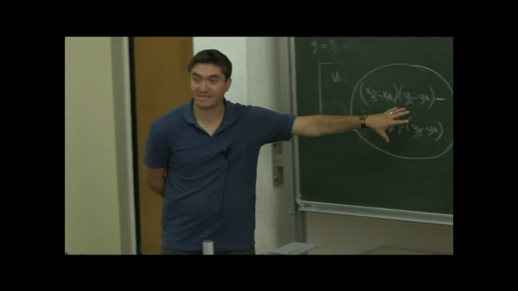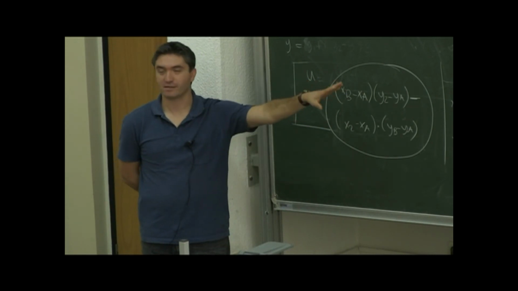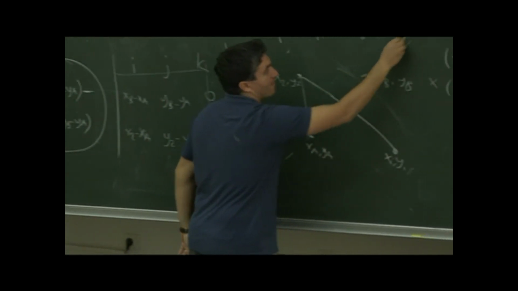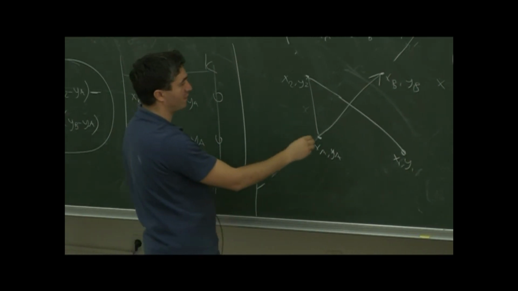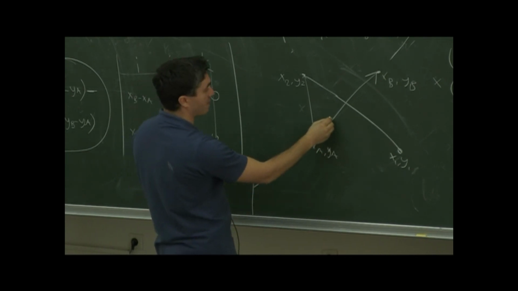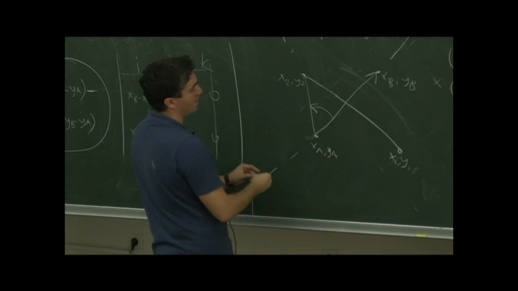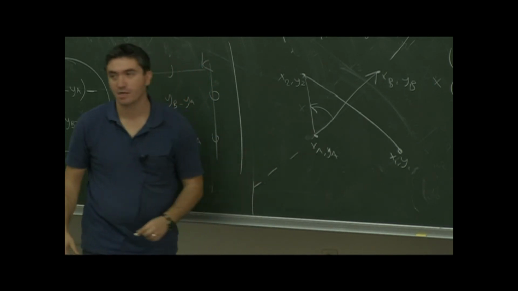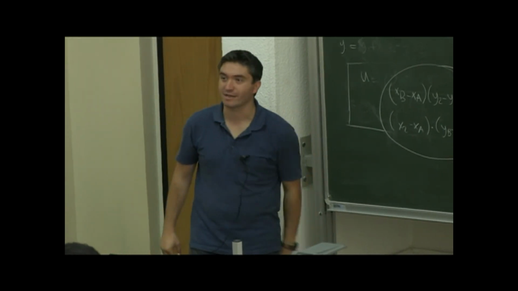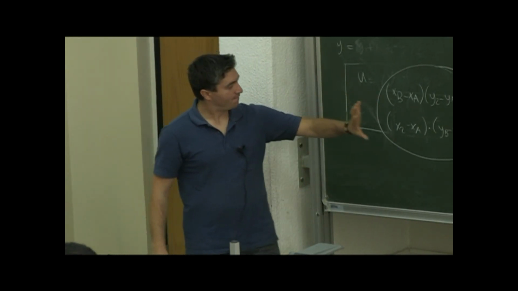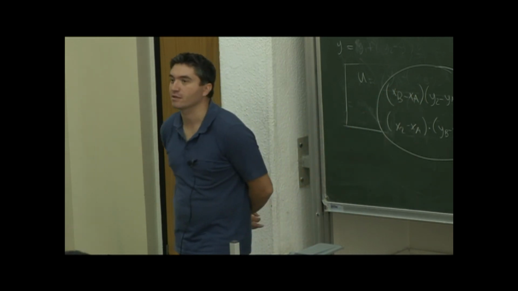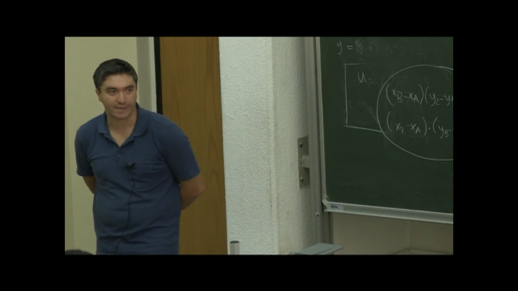If this turns out to be 0, it is on that line. What we did was this cross product, right? If it is greater than 0, it means it's to the left. If it's less than 0, it means it's to the right of this line segment. So 2 multiplications and 5 additions is enough to make this check.